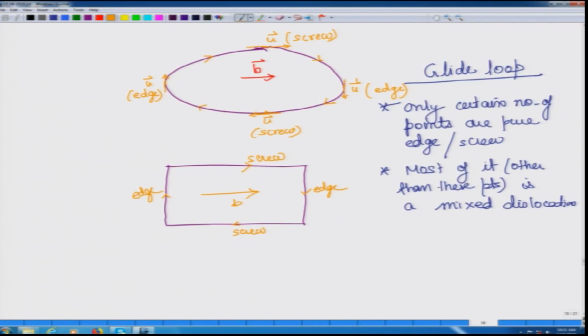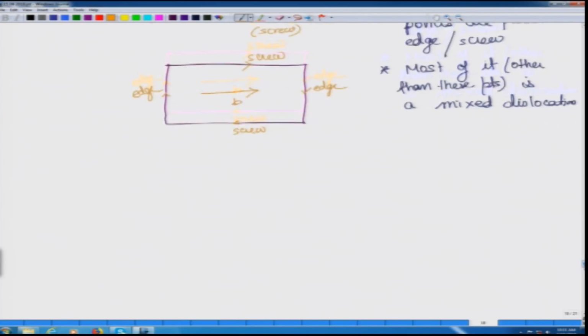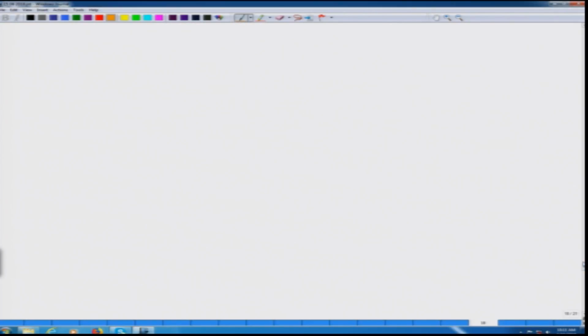In reality you would have something more like this. There will be only a fixed number of pure edge and pure screw points, and the remaining part will be mixed dislocation. Now, we have termed mixed dislocation so many times, it is time that we draw a mixed dislocation. How should a mixed dislocation look?